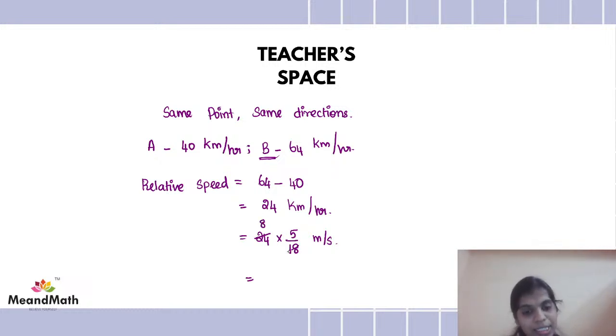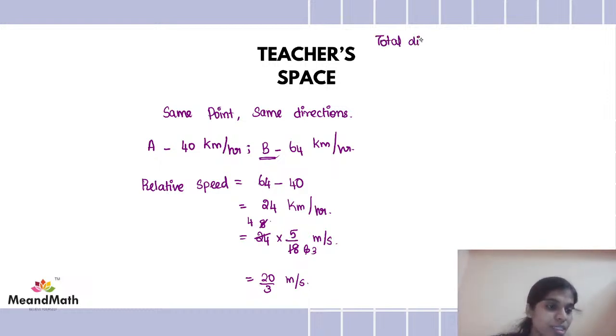3 eights are 24 and 6... 2 sixes... 4 and 3. That is 20 by 3 meters per second. So, we need to find the total distance.